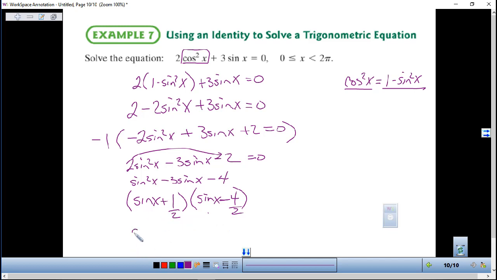So when I do that, I'm going to have nothing to reduce right here, so the multiple of 2 is going to come out front. So I get 2 sine x plus 1. Here I'm going to reduce that to 2. So I get sine x minus 2. And now that I've done my bottoms up, I can bring back the equal 0.